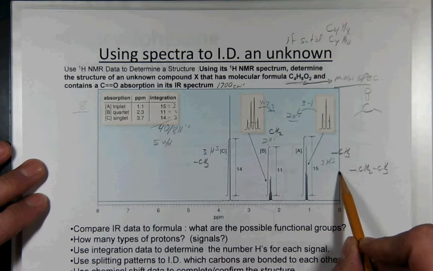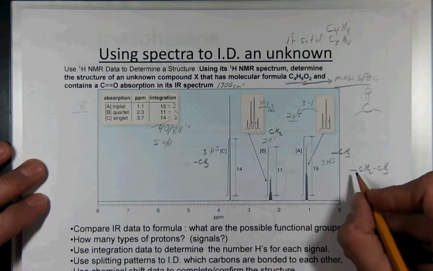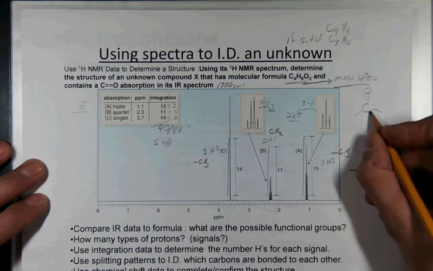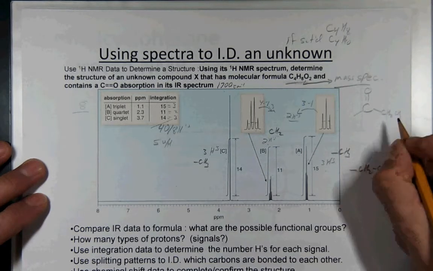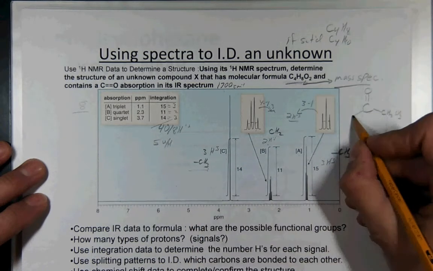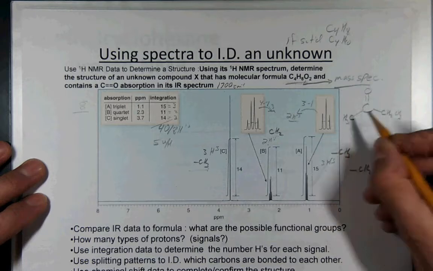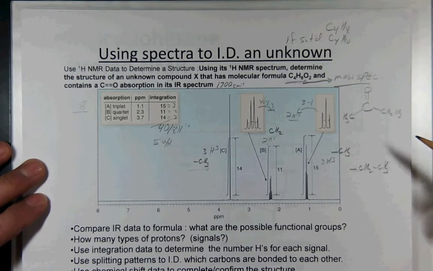So we'd have a quartet of doublets, or 8 peaks, but we don't see that. We only see these 4. So we know this has to be attached to this carbonyl. So it's going to be CH2, CH3, and by process of elimination, that means these guys have to be this CH3.